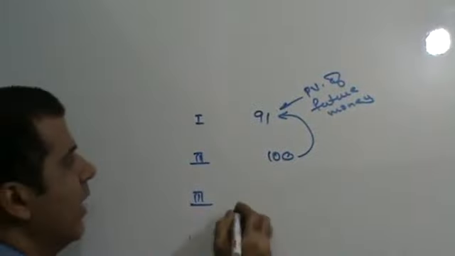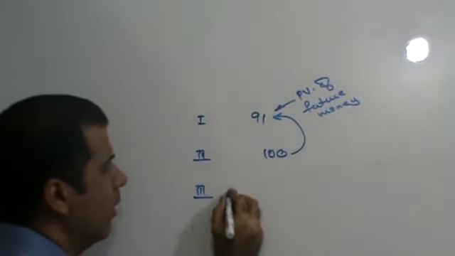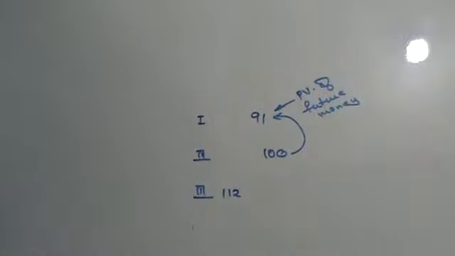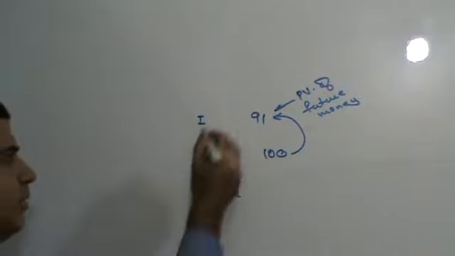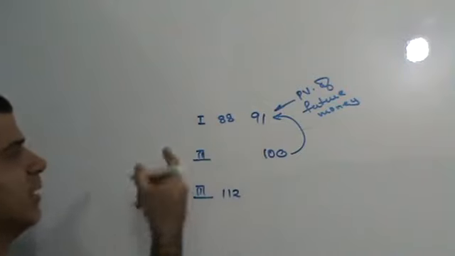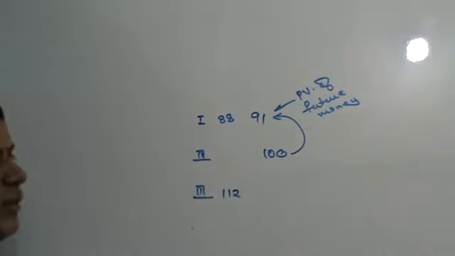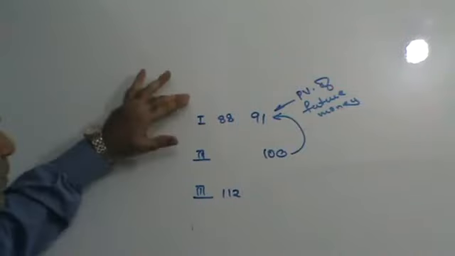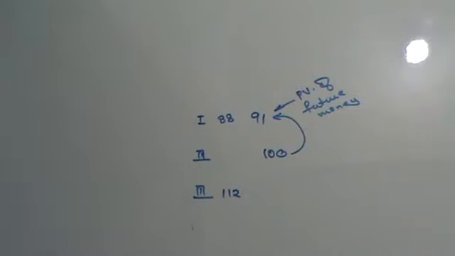Similarly, let us assume that if I want to buy a product for 112 rupees after 2 years, and today that product is 88 rupees, then 88 rupees will be the present value. Do we understand what present value is and why there is a difference? Because money gets depreciated.